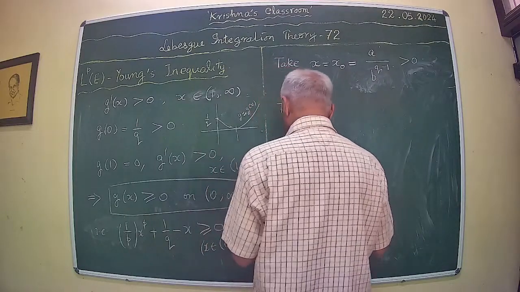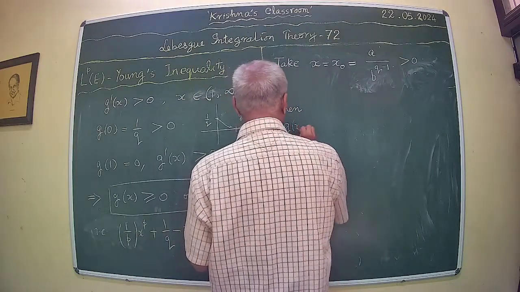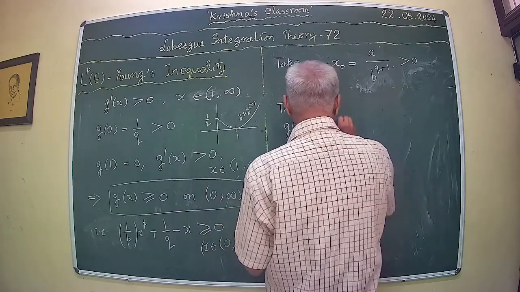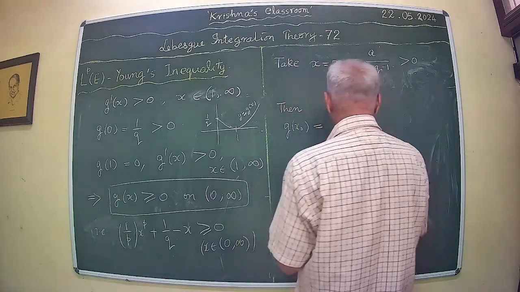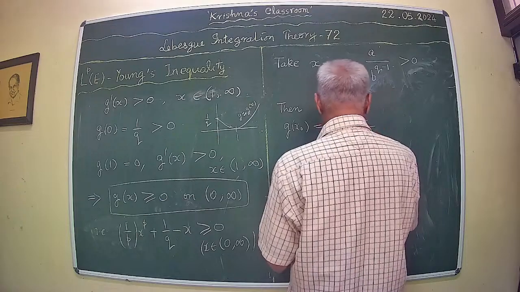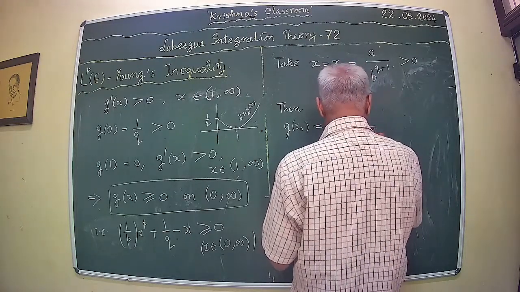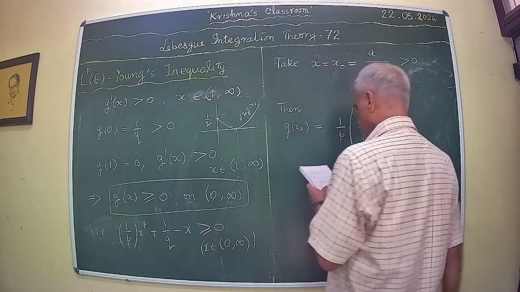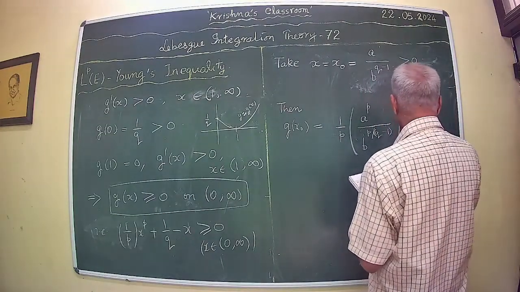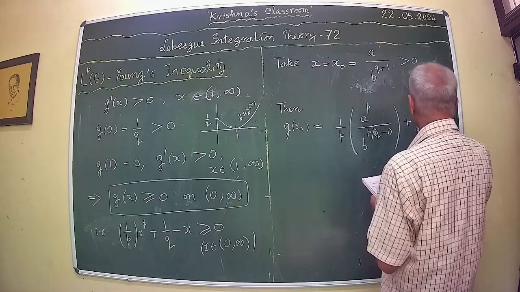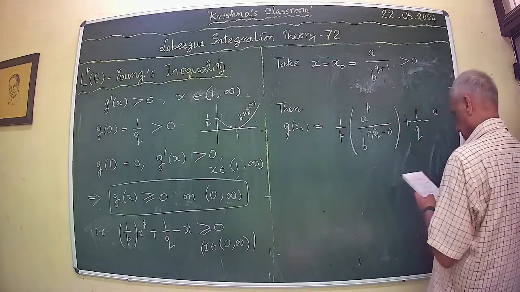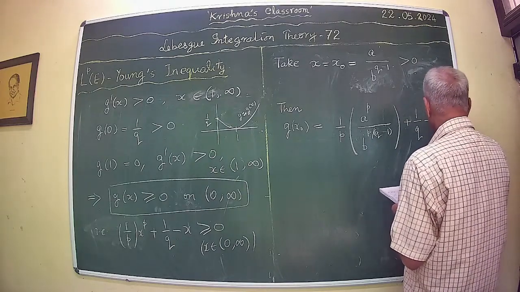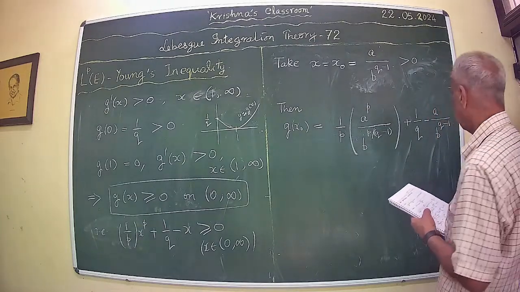Then g of x naught equal to one by p a to the power p divided by b to the power p divided by q minus 1 plus 1 by q minus 1. That is g x naught.